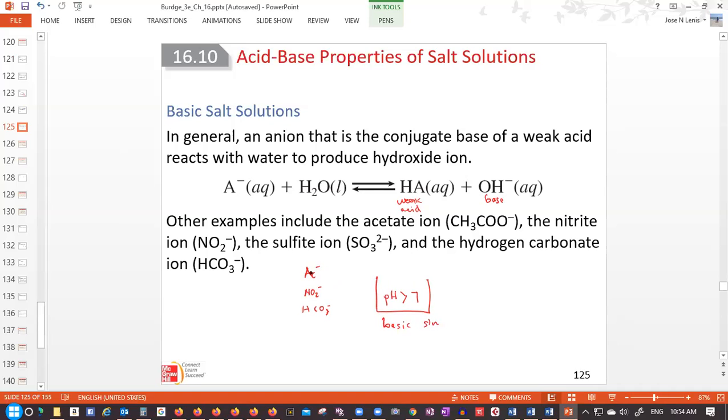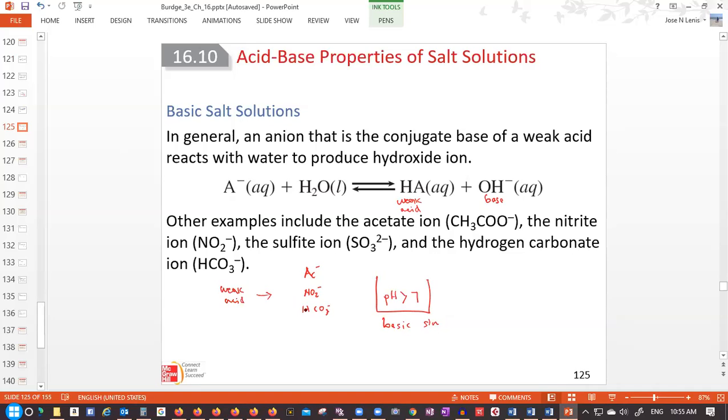And notice, these bases come from weak acids. Weak acids made these strong conjugate bases. What acid made this? Acetic acid. What acid made this ion, NO2 minus? Nitrous acid.